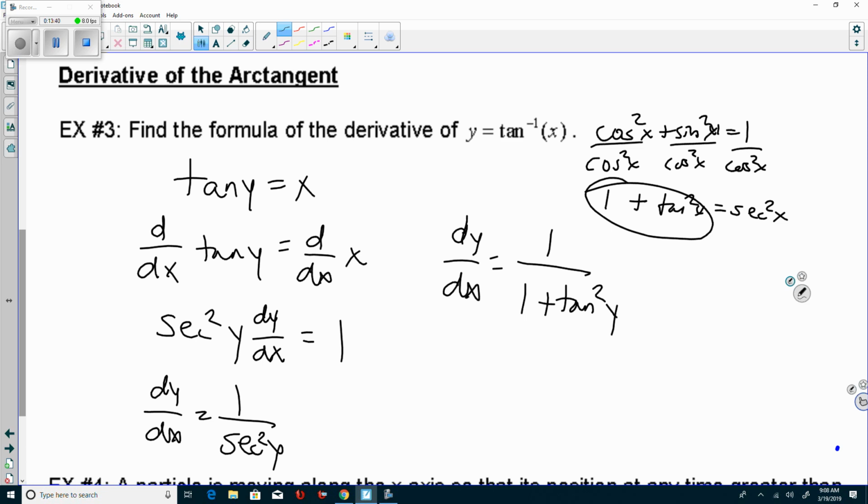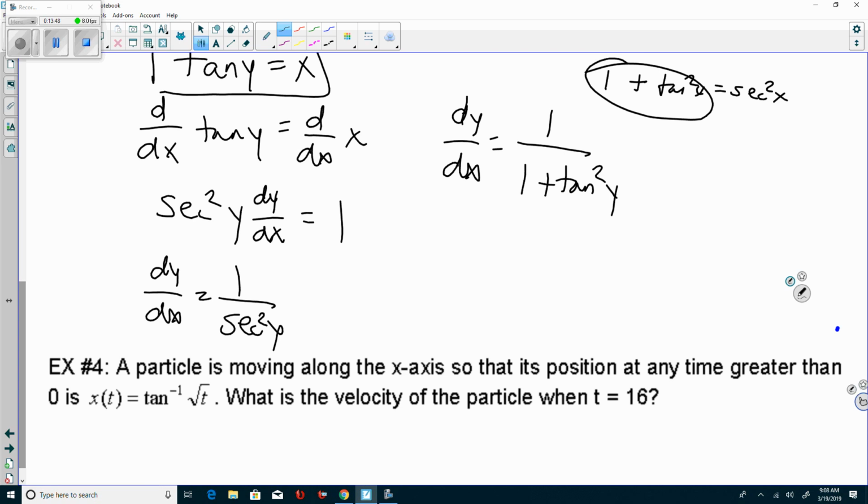Okay. And then here, look: tan y equals x. Therefore, it will be 1 over 1 plus x squared.